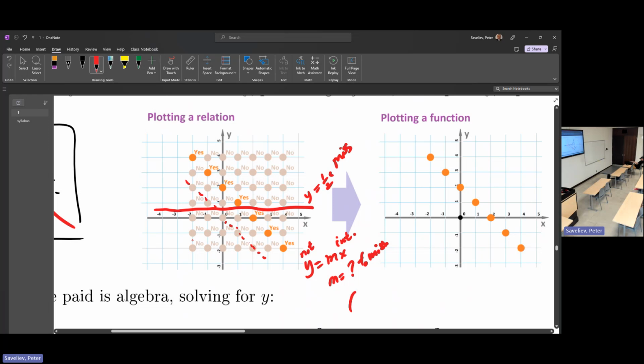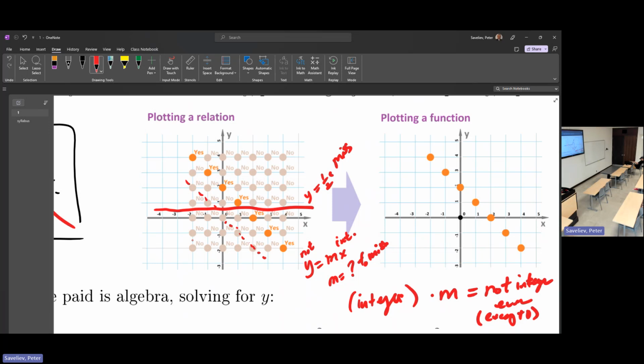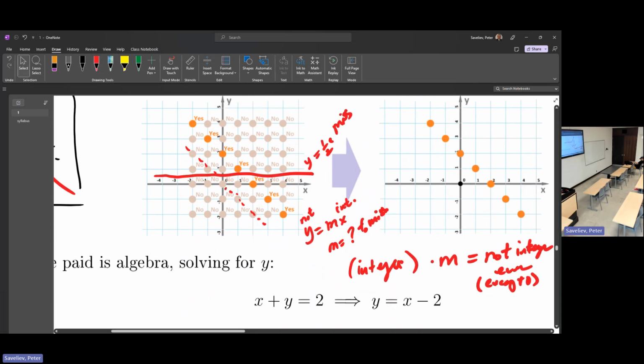So integer times m is never an integer, exactly. When the integer is 0, of course you will get 0 at the end, so let's accept that. But otherwise, no integers ever.